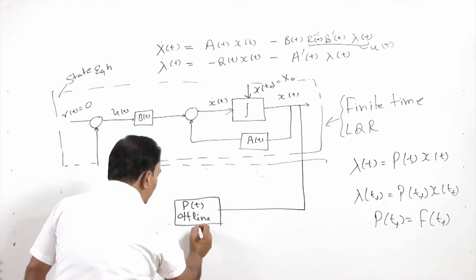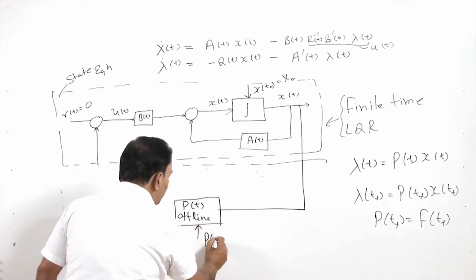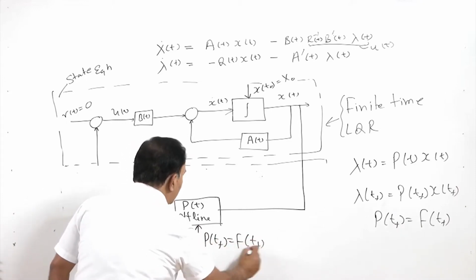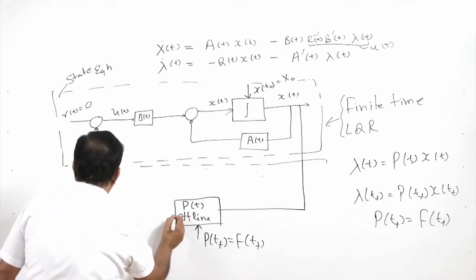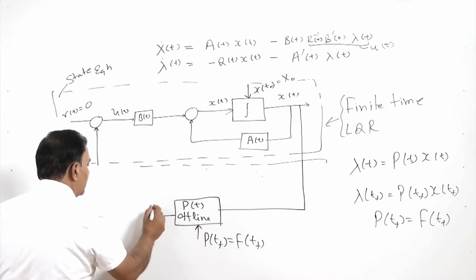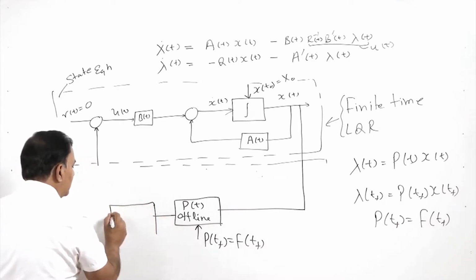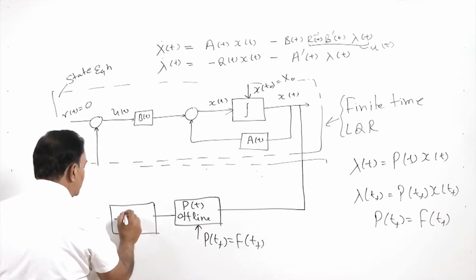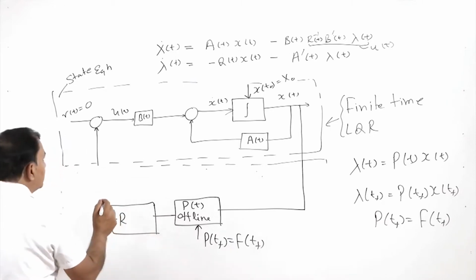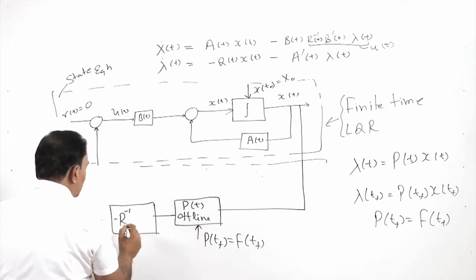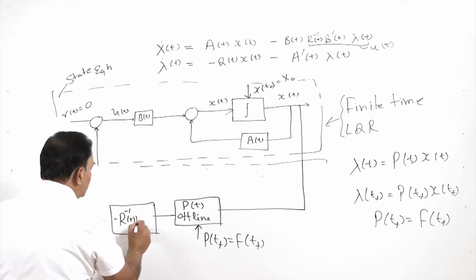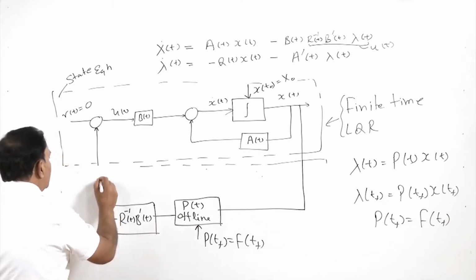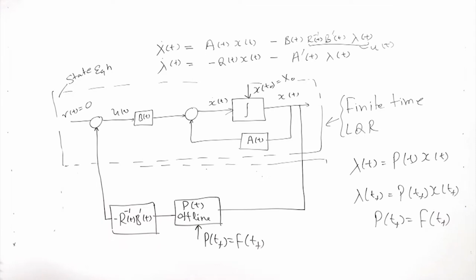So, this Pt can be determined with the condition Ptf equal to f of Tf, and if I know the Pt, I can have my R inverse B transpose Pt, and can directly give as my ut.